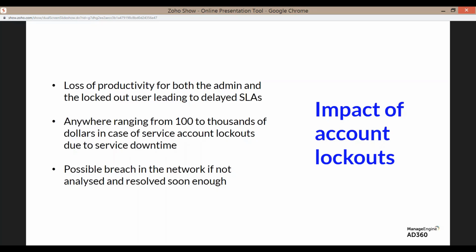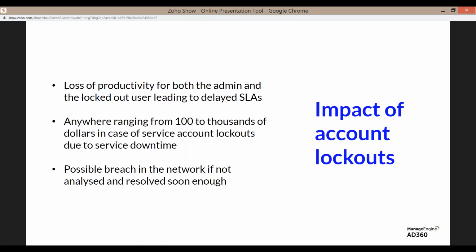Was it a legitimate lockout, or was it something malicious? So you would essentially spend about an hour or two understanding what went on in the background for the account to be locked out. That takes up a tremendous load on an administrator, not just to unlock an account, but also to study what went behind it. And does it really stop right there?